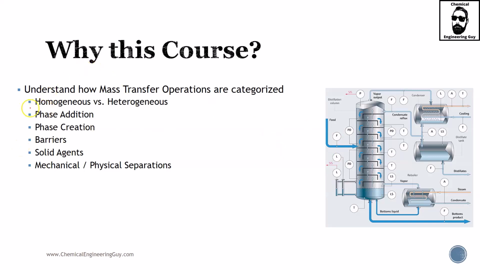I have separated the course essentially into two main categories, either homogeneous or heterogeneous processes. Homogeneous are the most common ones; heterogeneous are also common, but typically you will not learn them in a process separation technology course. For instance, homogeneous will be phase addition, creation, barriers, and solid agents, and heterogeneous may be mechanical and physical separations. So this is why I created the course, guys.